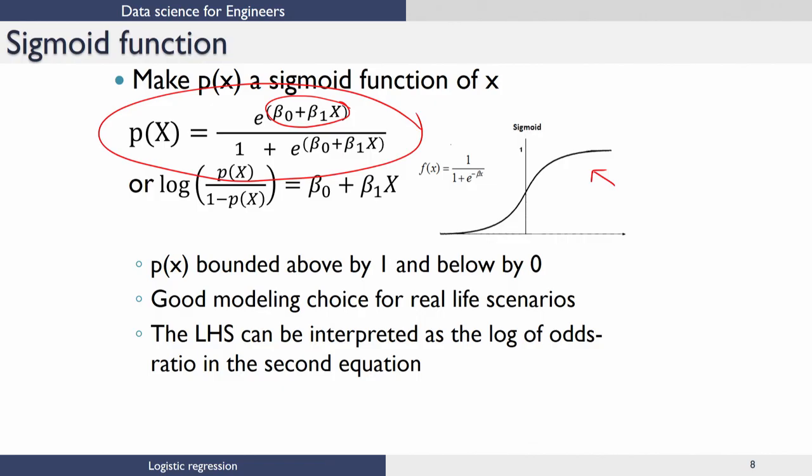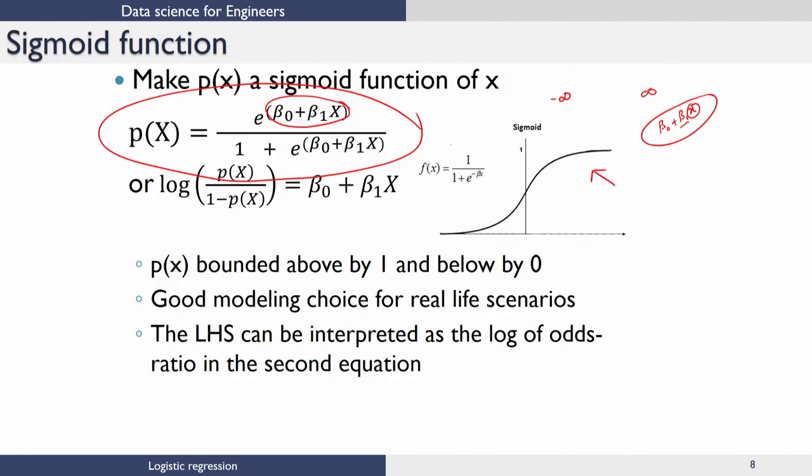If you take this argument, beta naught plus beta 1 x, depending on the value of x, it could go all the way from minus infinity to infinity. Just take a single variable case: beta naught plus beta 1 x, not a vector. If beta 1 is positive and you take x to be a very large value, this number will become very large.